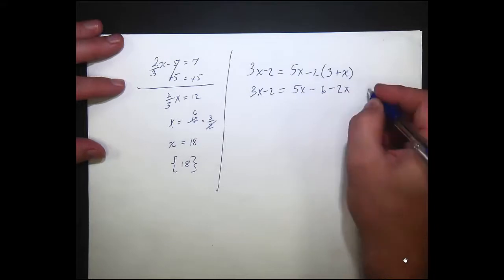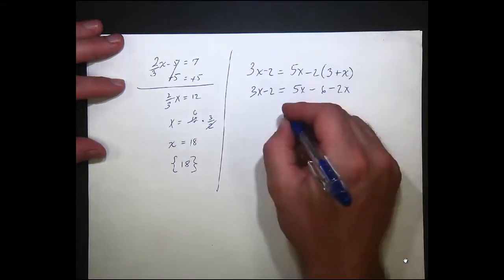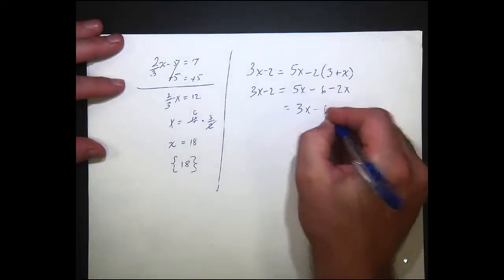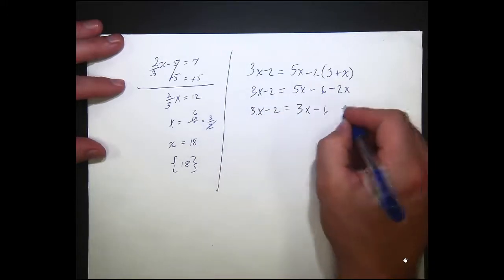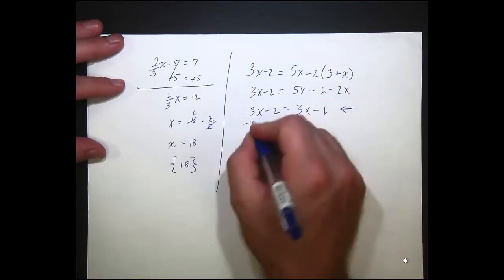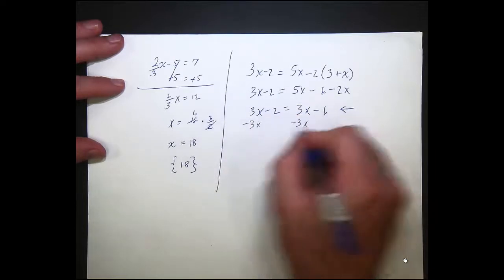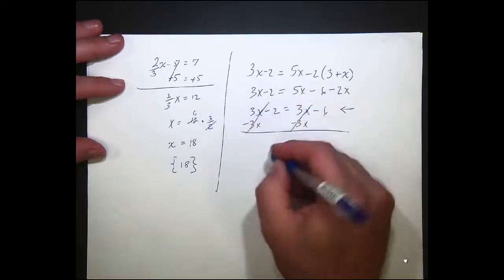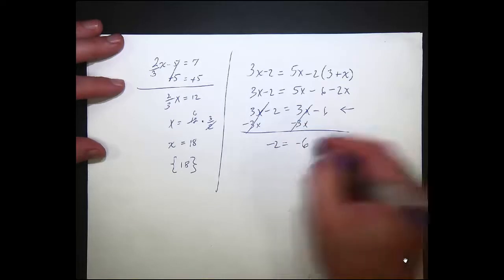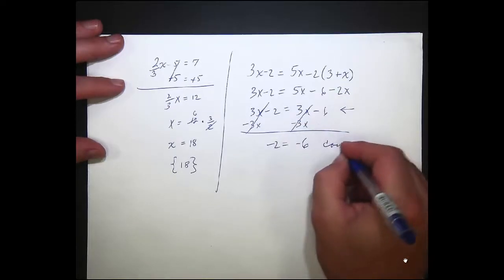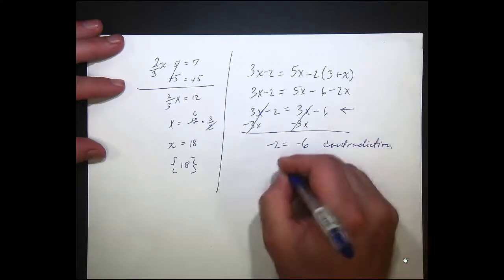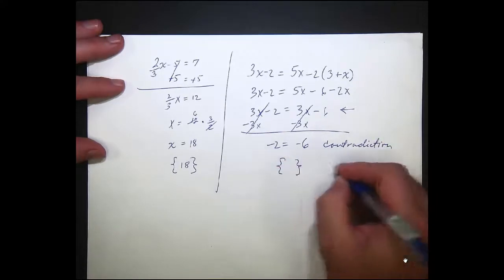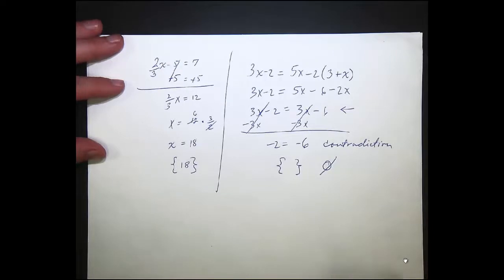We get negative 2x. 5x minus 2x is 3x. 3x minus 6 equals 3x minus 2. And at this point, if we continued, we would lose the variables, and we would be left with a contradiction. And so in this case, we would have the empty set being the solution, right?